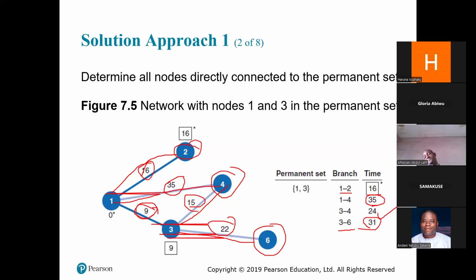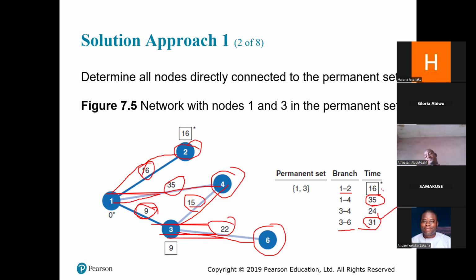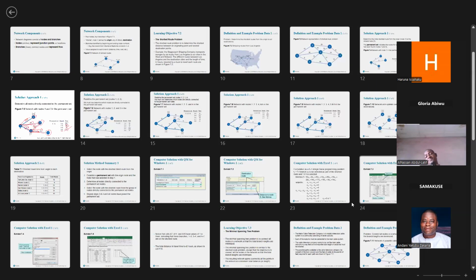So among the branches, which branch has the least time? You see that is the branch from 1 to 2, which has a time of 16. So this is selected. Oh, sorry.